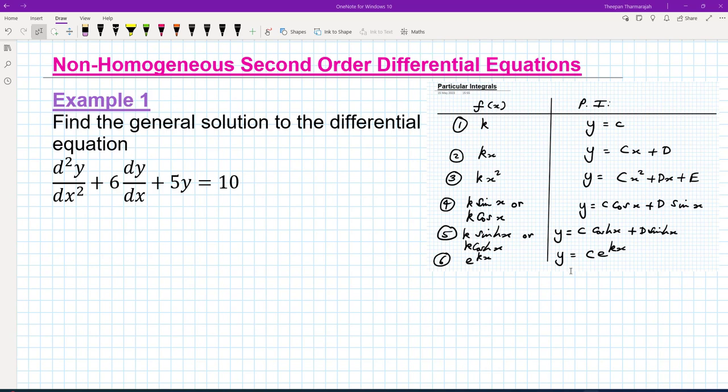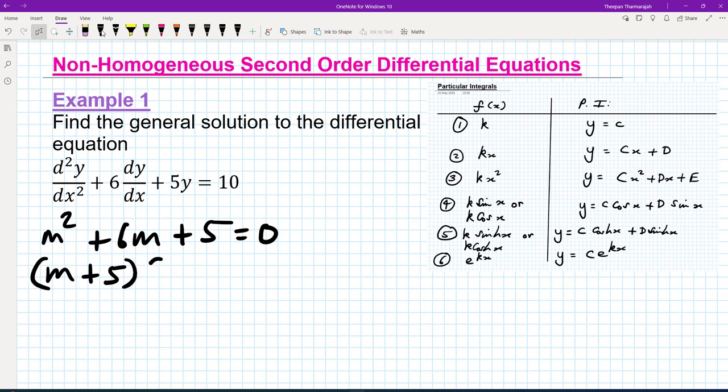Okay, welcome back. So we're going to first set up the auxiliary equation, which is going to be the following here. It's going to be m squared plus 6m plus 5 equals 0. And we're going to solve this quadratic equation. So that gives me m plus 5 and m plus 1 equals 0.